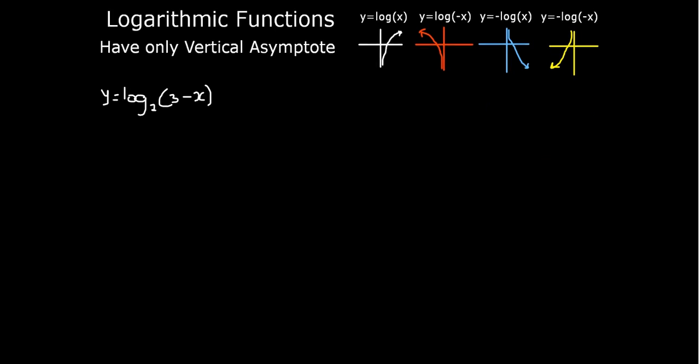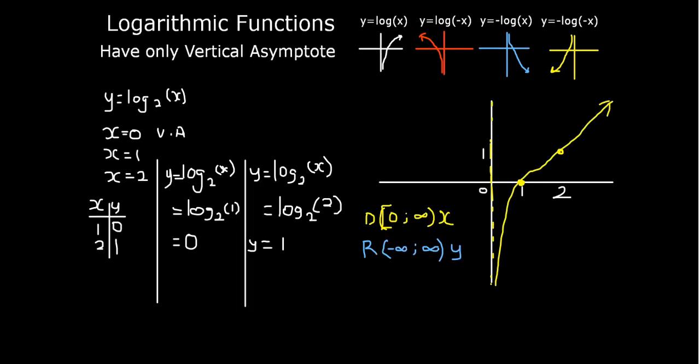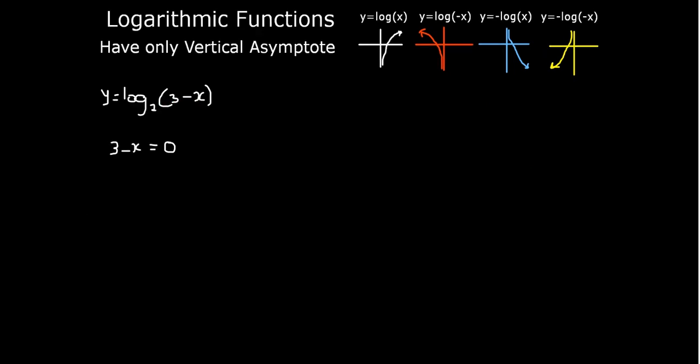Right, let's go back to our current problem. Now we say 3 minus x equals 0 first of all. Like here, we started by saying x equals 0 because it was only x inside. But now it's negative x plus 3, so that is why we say 3 minus x equals 0.